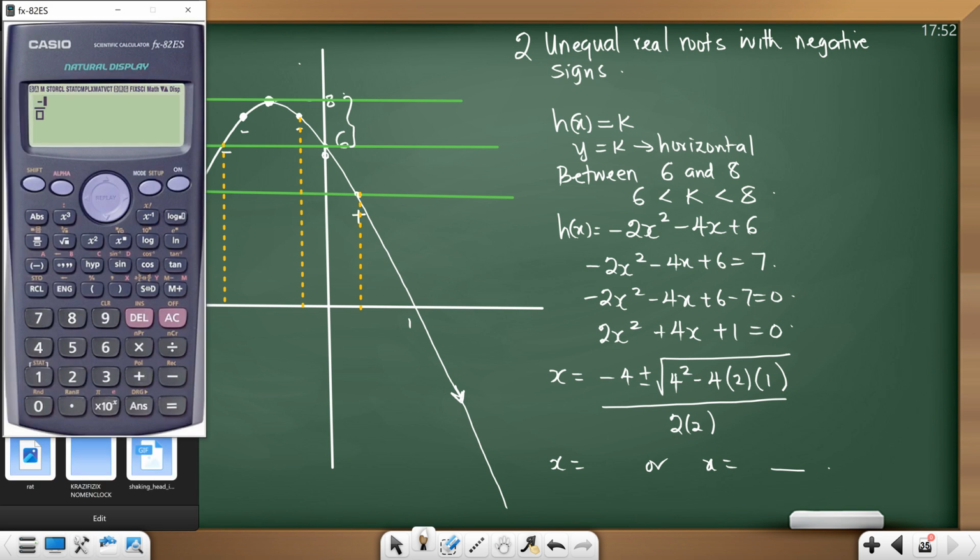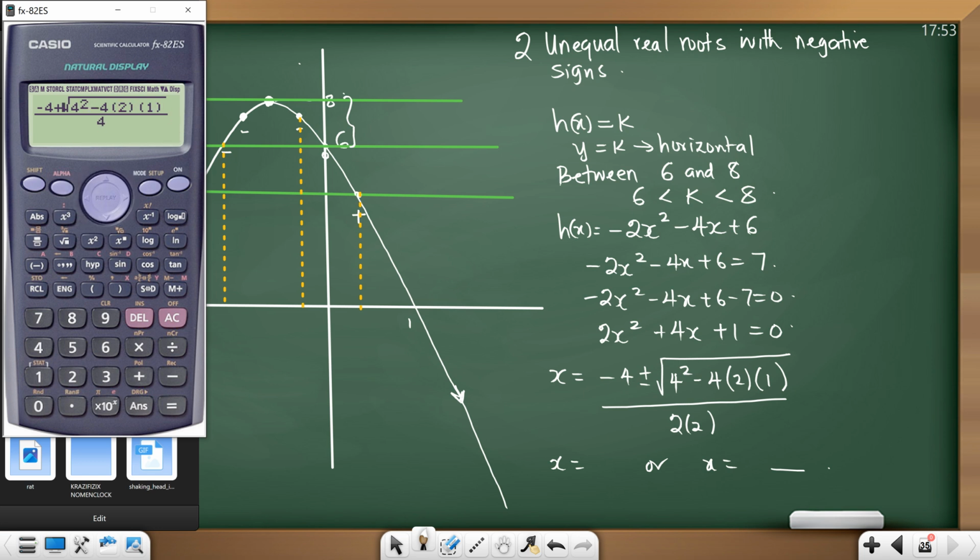So please, I want you to understand this. That's why I'm not even rushing to go to another function. 4 squared, multiplied by what? Over 2 times 2, which is 4. Look at your first answer: negative 0,29. Do you see that?